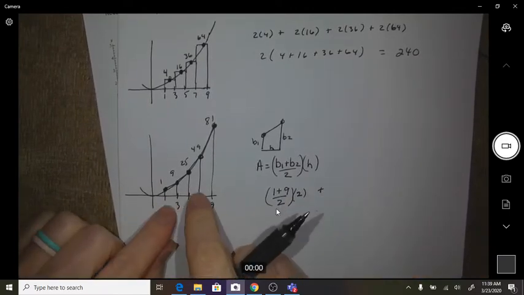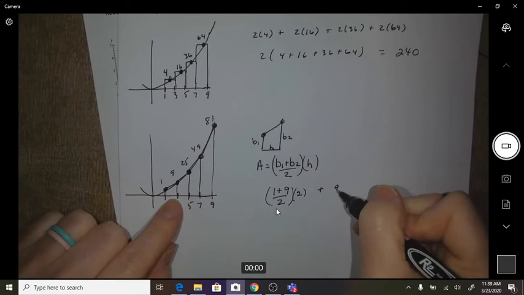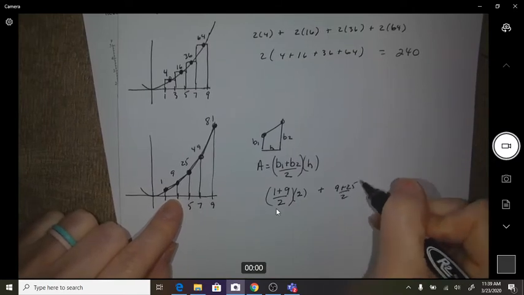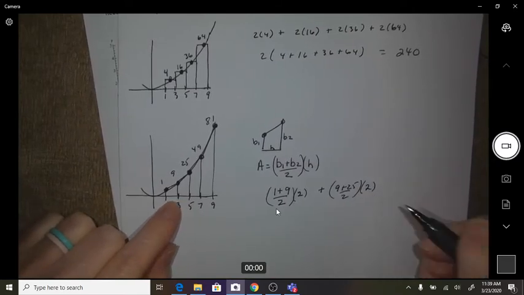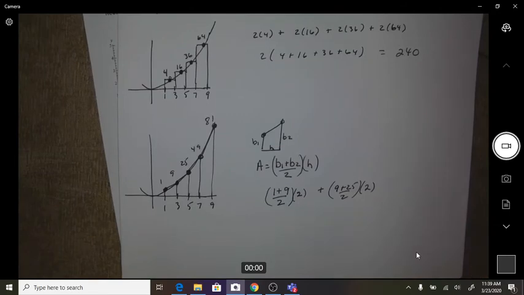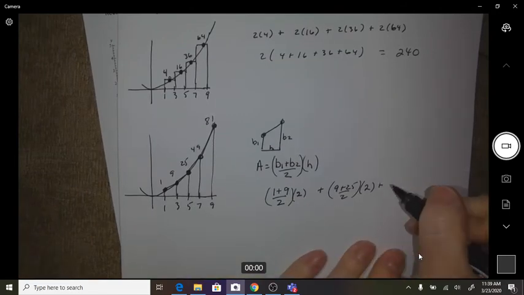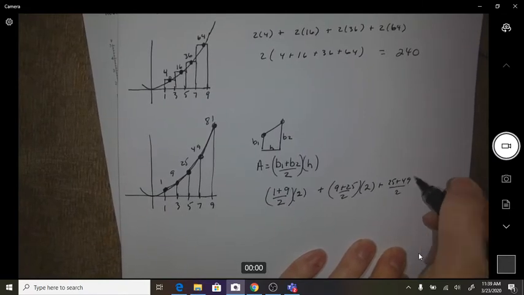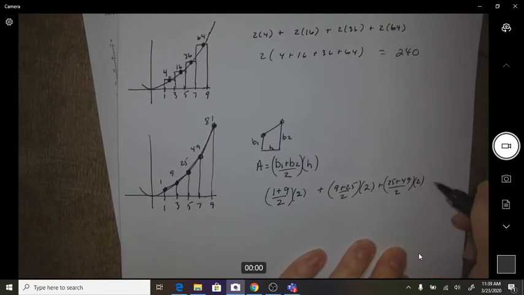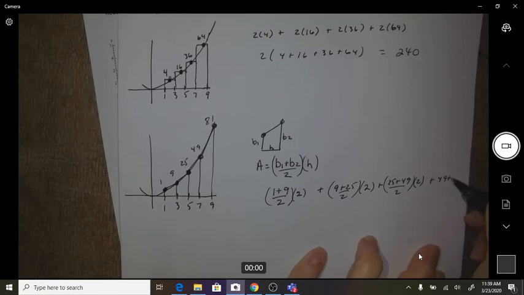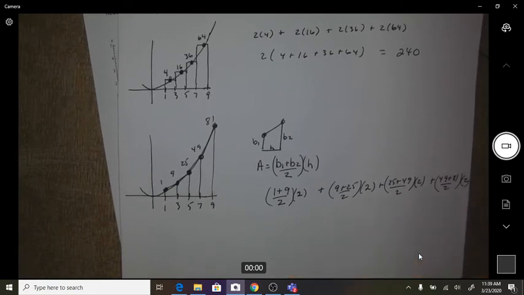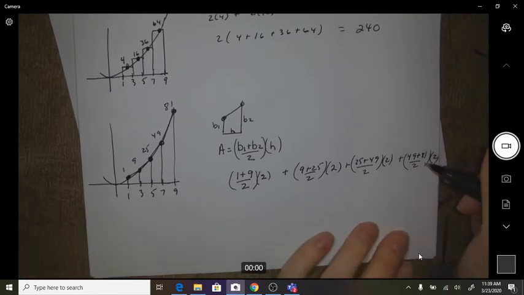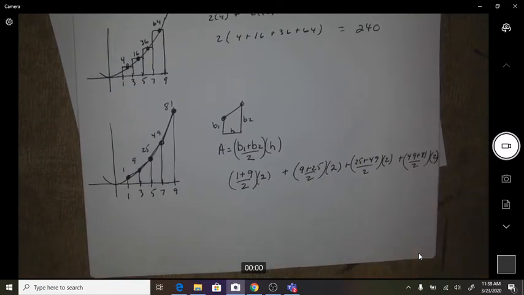The second one, the average between 9 and 25, and then it's 2 wide again. The third one is the average of 25 and 49 times 2 wide. And the last is the average between 49 and 81. Okay, so that's a long way to do it.